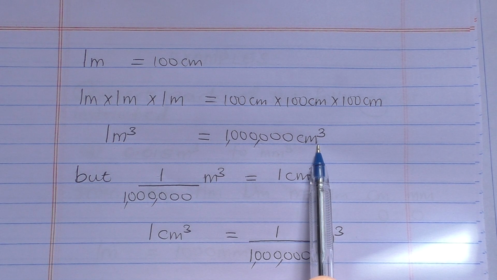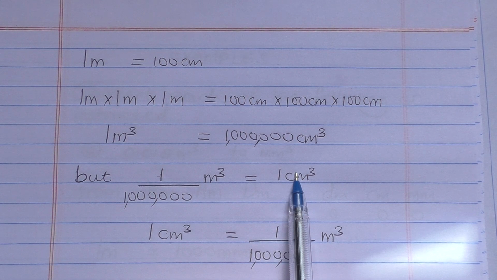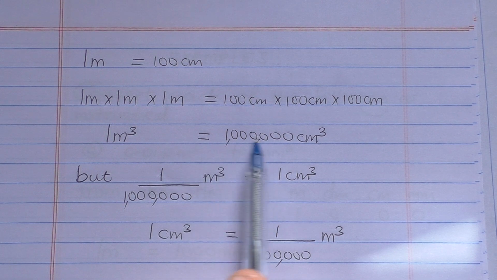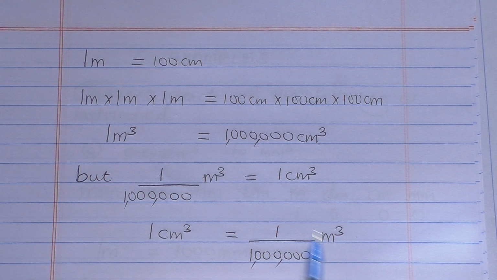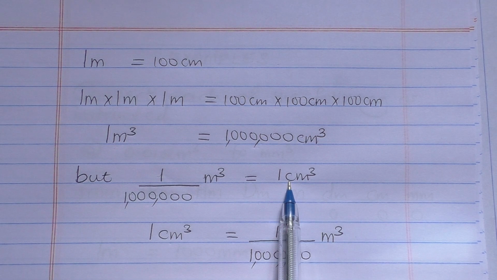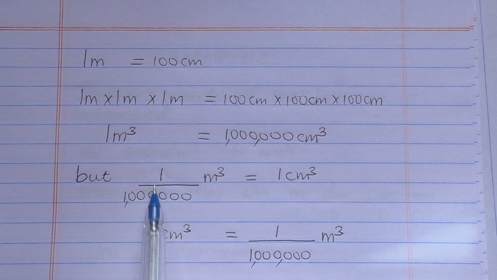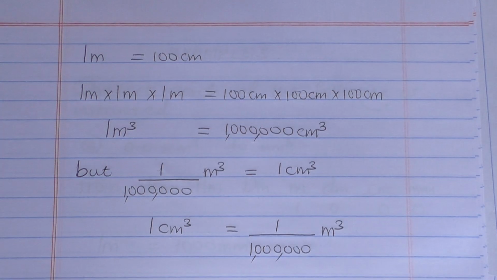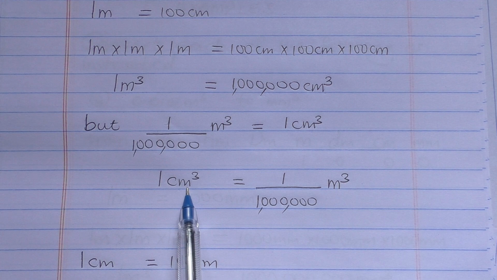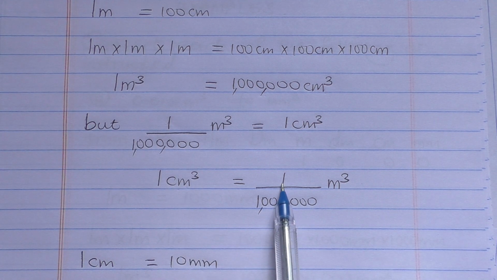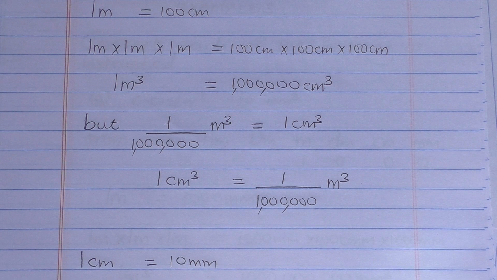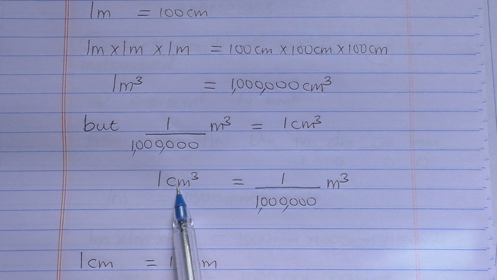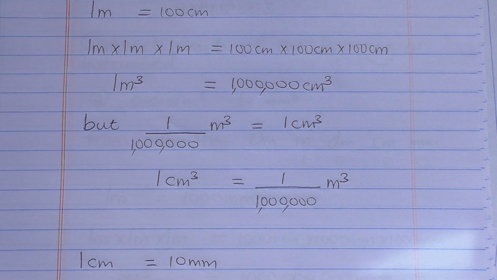However, when I want to convert from centimeter cubed to meter cubed, I'll first divide by 1 million on both sides, so that I end up with 1 centimeter cubed being equivalent to 1 over 1 million cubic meters. That is if I'm converting from centimeter cubed to meter cubed.